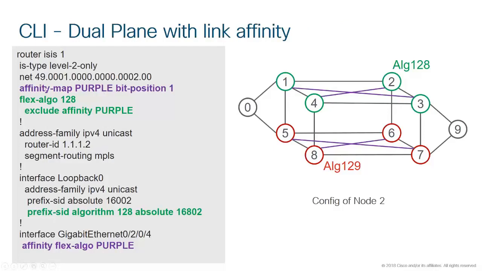So it's a funny affinity map. You say purple is bit position number 1. And then in flexible algorithm 128, you don't change the minimization. It's still the minimization of the IGP metric, so you keep the default. But you are adding the fact that you want to exclude the purple links with that line. Then you still have the same prefix, it doesn't change. But then on the interface where you want to color it as purple, you put affinity flex-algo purple.